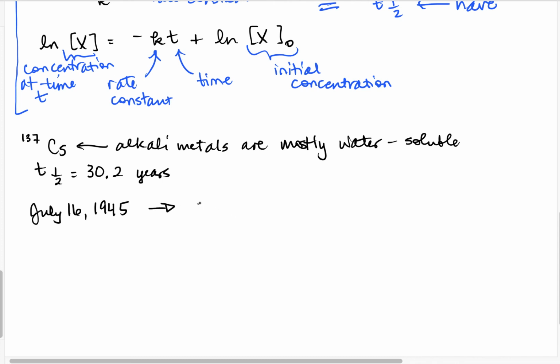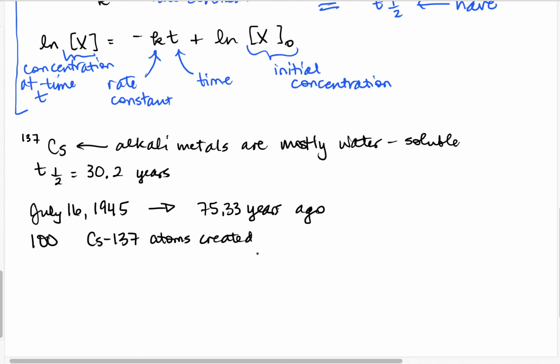Let's call it about 75 1/3 years ago. So let's imagine that maybe there were 100 cesium-137 atoms created. How many would be left now?